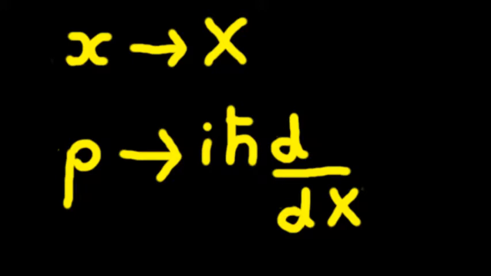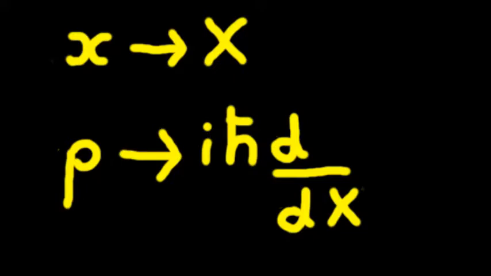Briefly ignoring any technical details, but just in case you're interested, the position x becomes the operator f of x equals x, and the momentum operator is minus i h bar d by dx, where h bar is just some constant. It's normal to pick up a constant here and there.